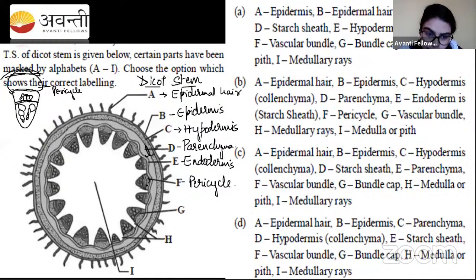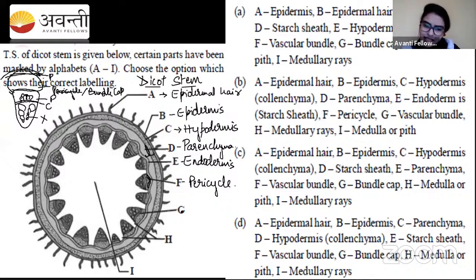A layer beneath the endodermis is the pericycle. Below the pericycle comes the bundle cap, and this region is actually a bundle cap. Below the bundle cap there will be phloem, then cambium, then xylem. So this is how it should be, right? So F refers to pericycle here.